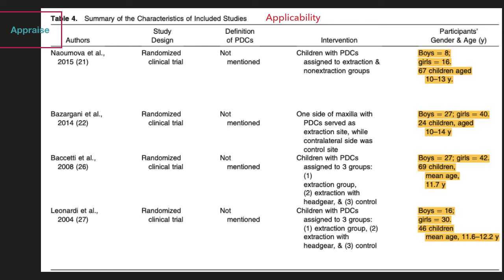Naumova et al. and Bazargani et al. are the highest quality studies in the systematic review. The boys and girls are here in this study, and the age is between 10 to 12. In the Bazargani study, the age is between 10 to 14, and I have more girls and more boys in this study than in the first study.